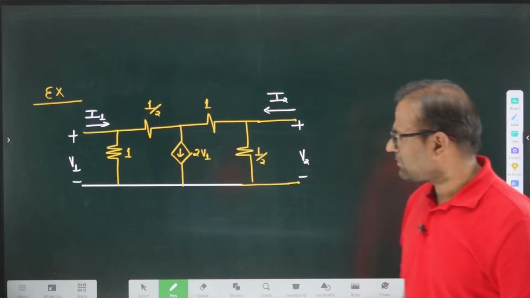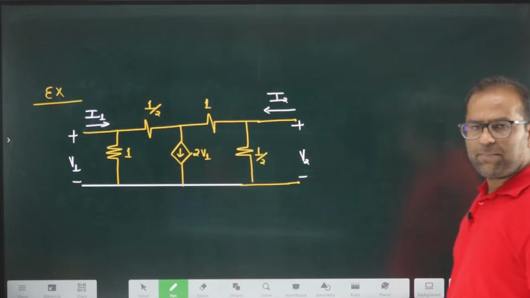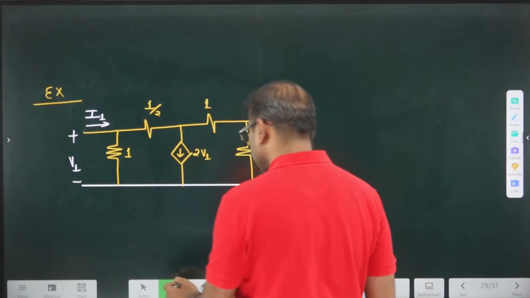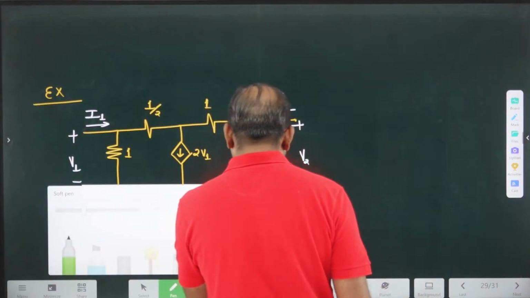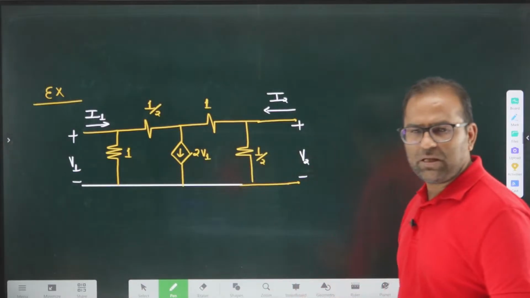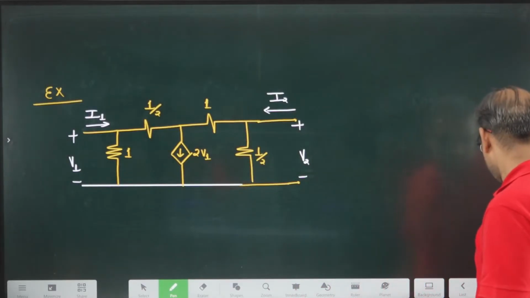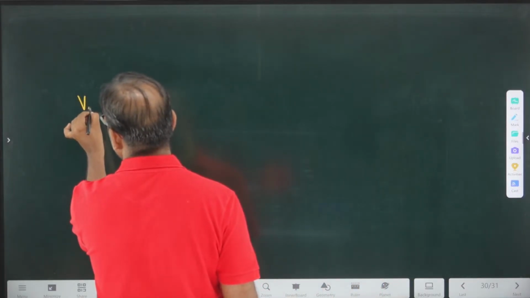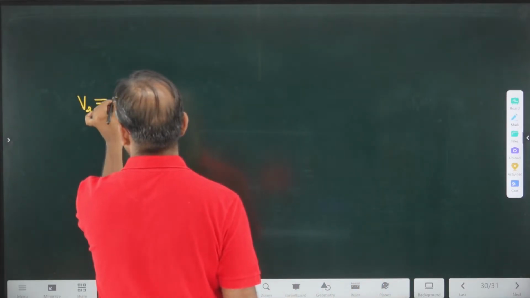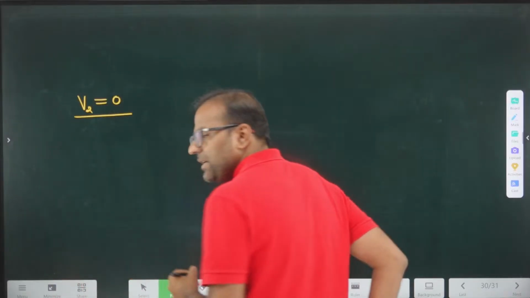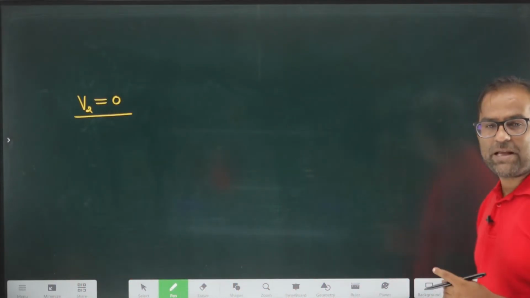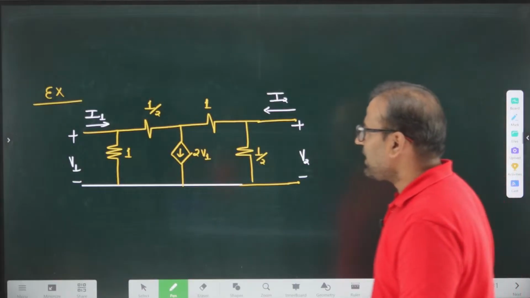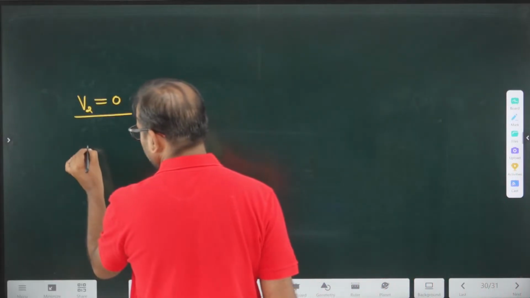Correct? And we have one dependent source also. So how to calculate this? To calculate this, let's make the V2 terminal 0 first. If I am making the V2 terminal equal to 0, applying a short circuit at the output, how will my network look? So you can say the network will look like this.